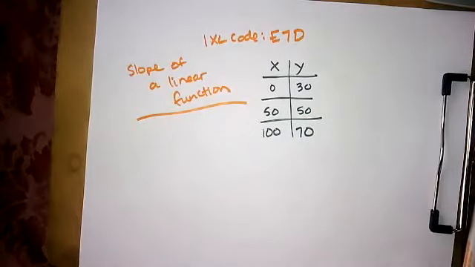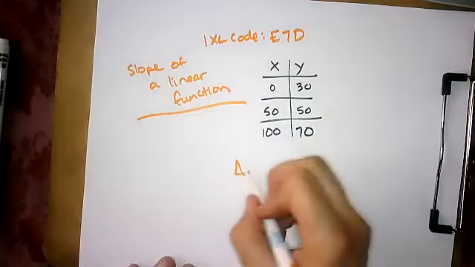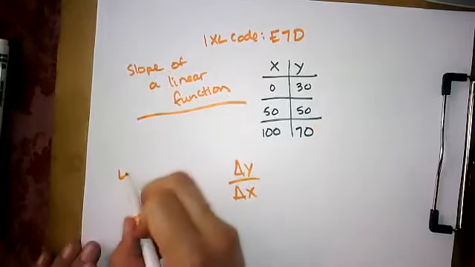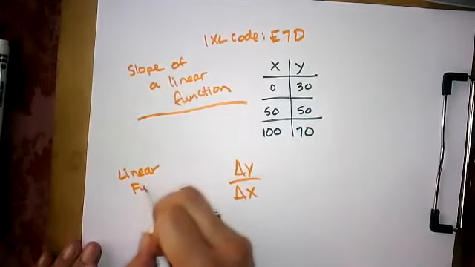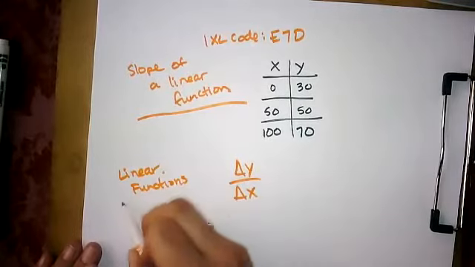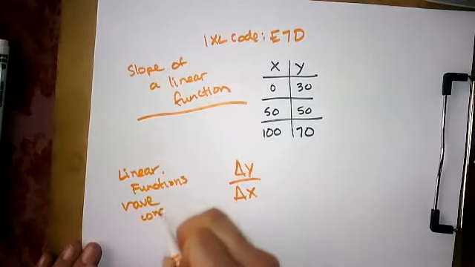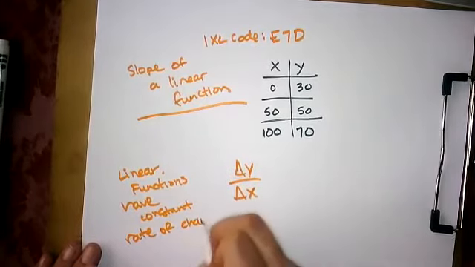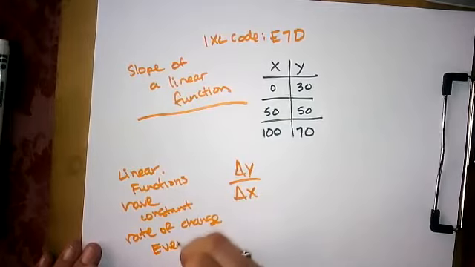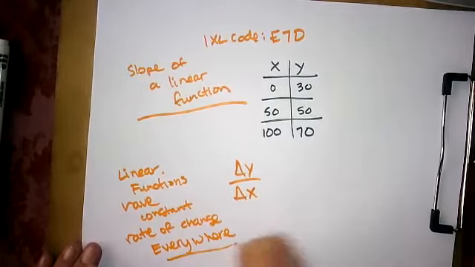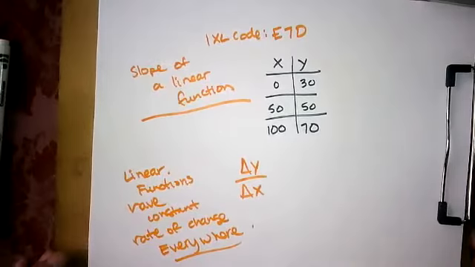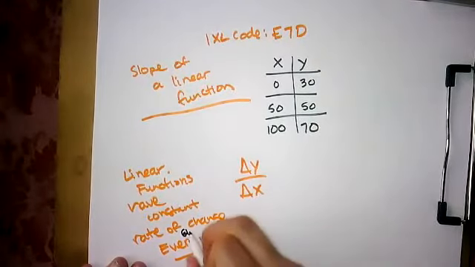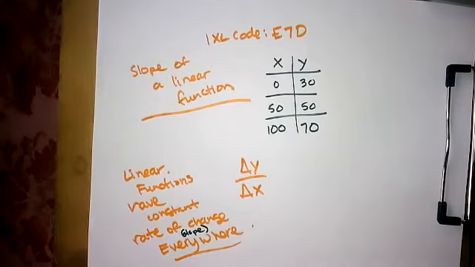So I just need to do what I was doing before. I'm looking for the change in y over the change in x. Since this is a linear equation, linear functions have a constant rate of change everywhere. No matter where you're looking on a graph, it has a constant rate of change, and another word for that mathematically is slope. So it has a constant slope everywhere.